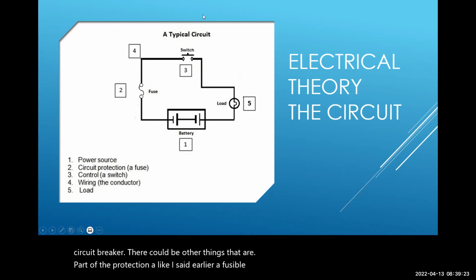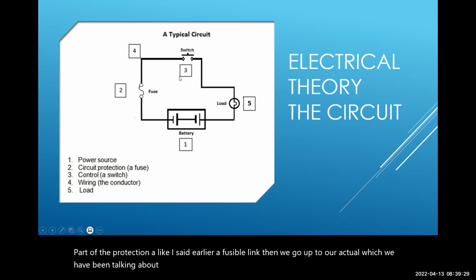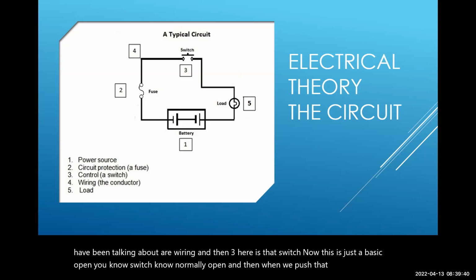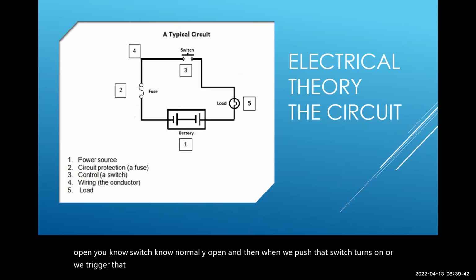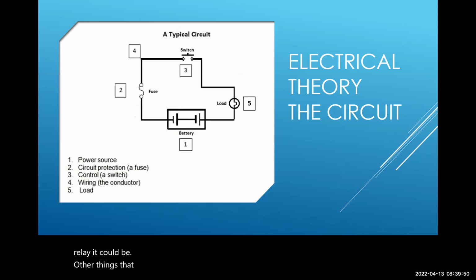Then we go up to our wiring, and number 3 here is the switch. Now this is just a basic switch, normally open. When we push that switch, it turns it on, or we trigger that switch over. That could be a relay, or other things that cause that to come on.